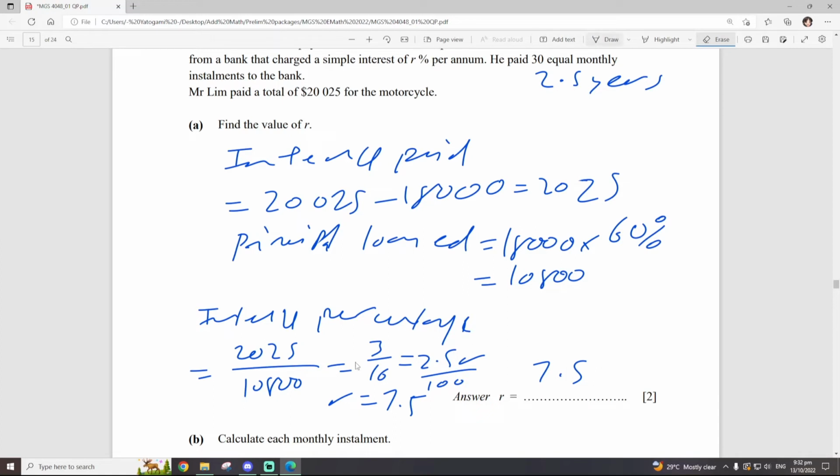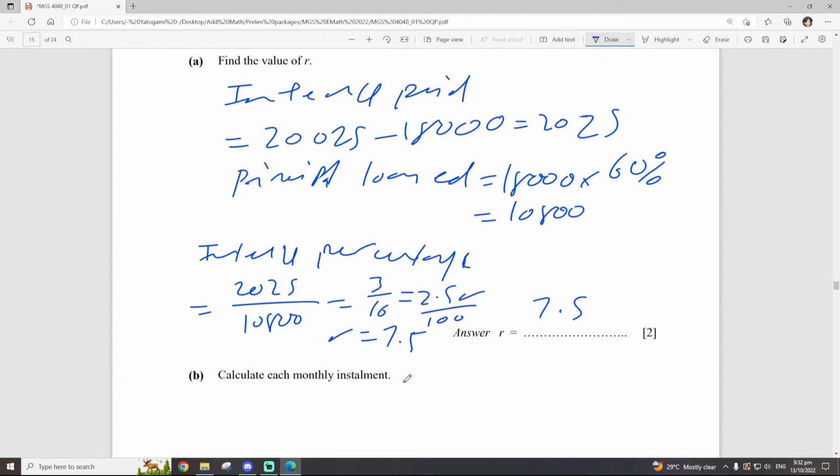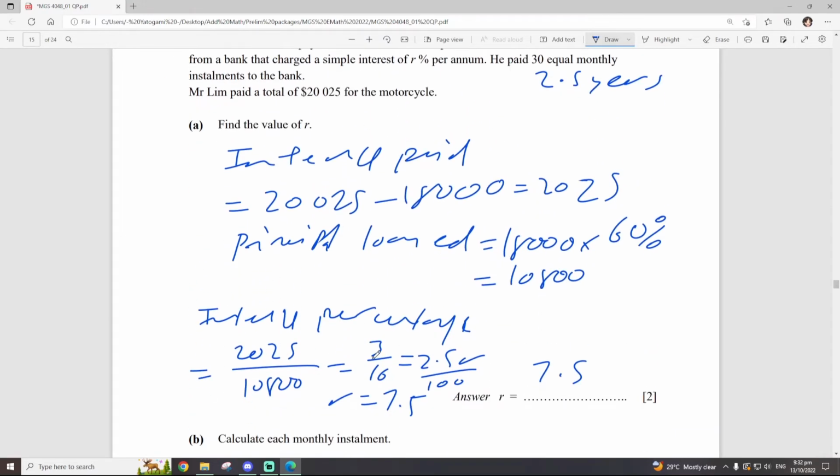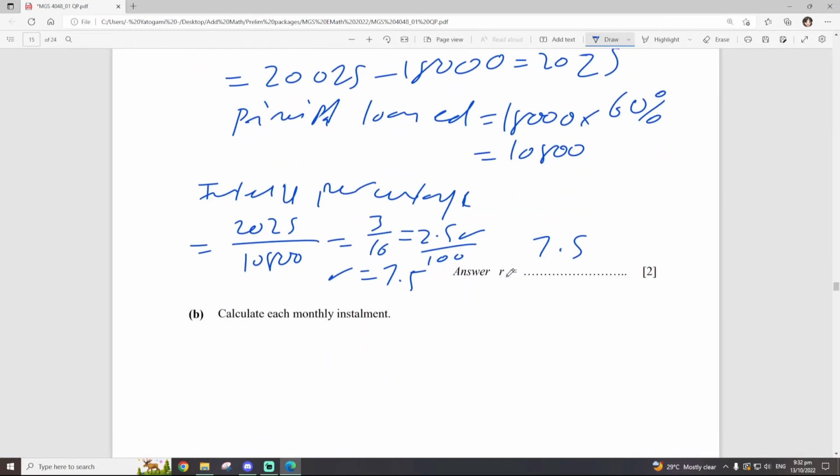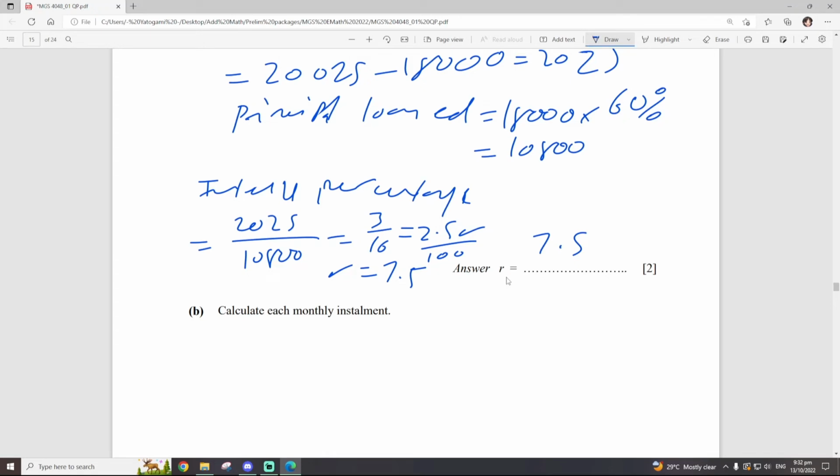Okay, calculate the monthly installment. So 30 equal monthly installments. So the total amount you pay back will be 10,800 plus the interest you pay, 2025.